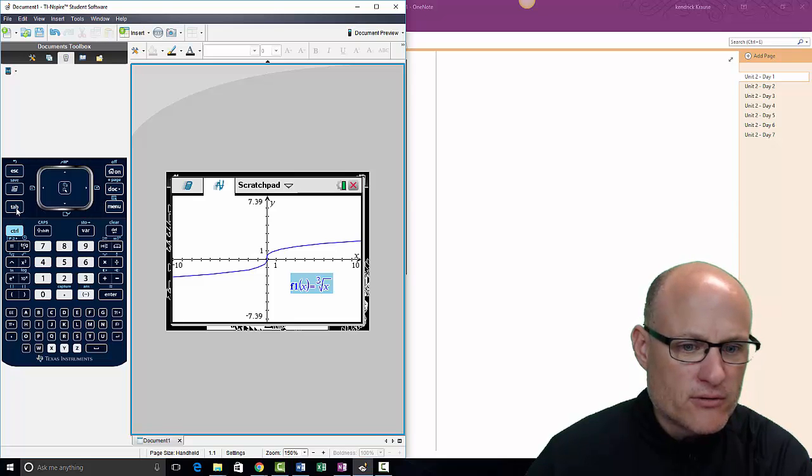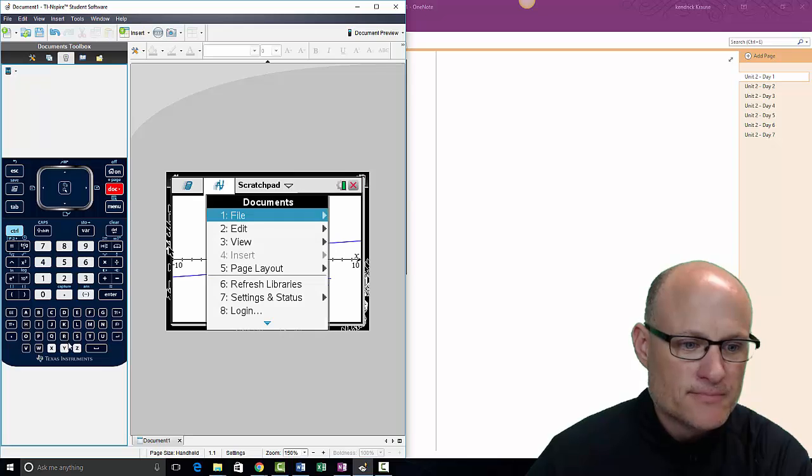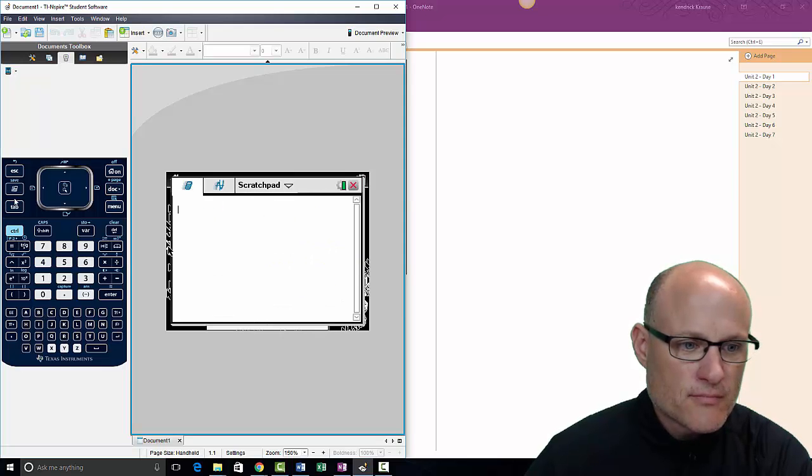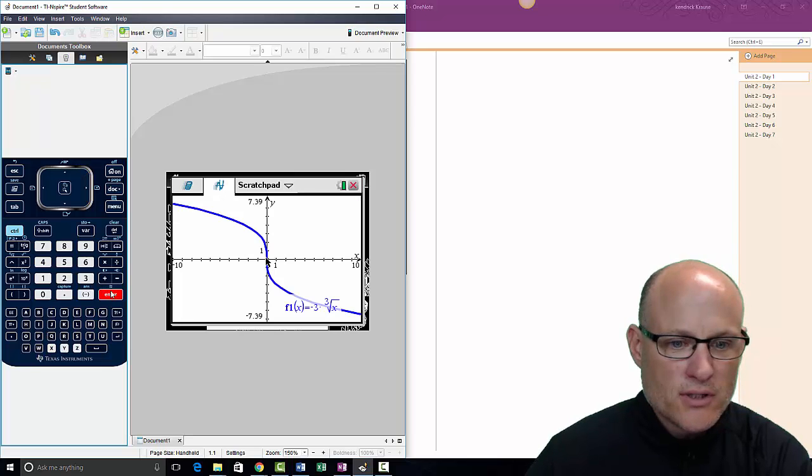Menu, go tab, go up, tab, doc B. Okay, so the negative 3 cube root of x. And you're right, look at it.